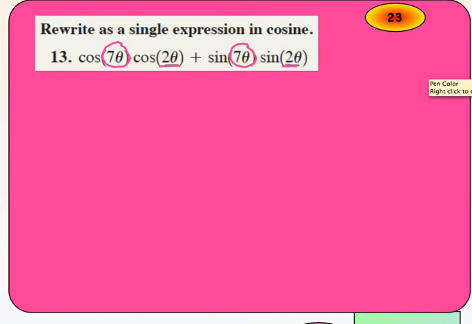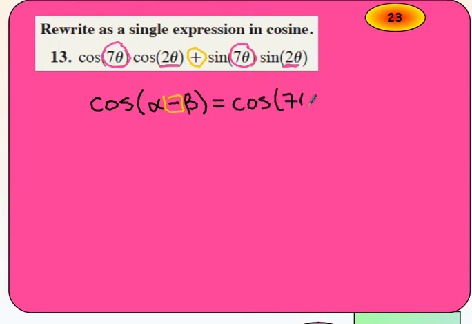So as I see this, I can recognize that this is the cosine of alpha minus beta, because of this behavior there is plus, this one needs to be our minus sign. Okay, so I can then show that this is going to equal cosine of 7 theta minus 2 theta, or I can rewrite this as the cosine of 5 theta.